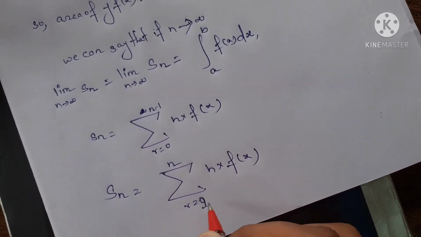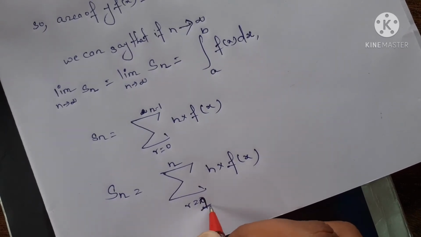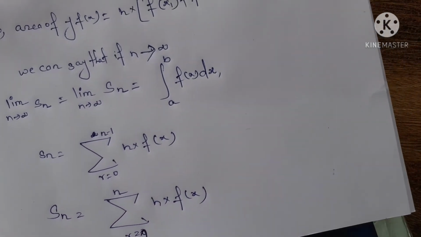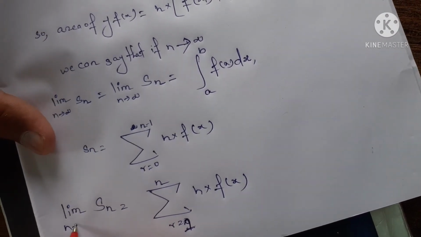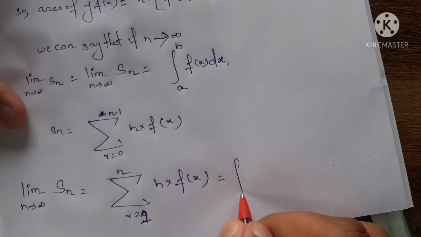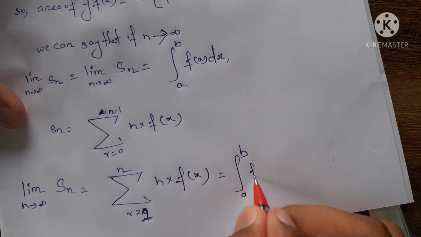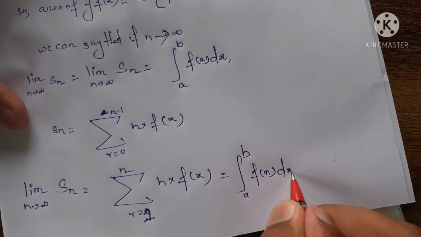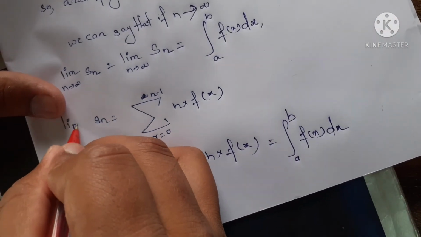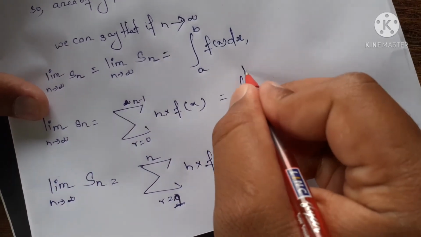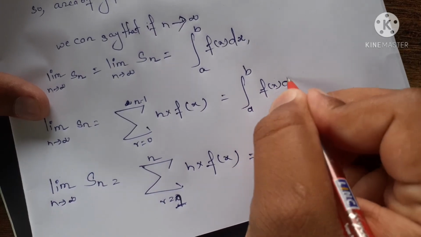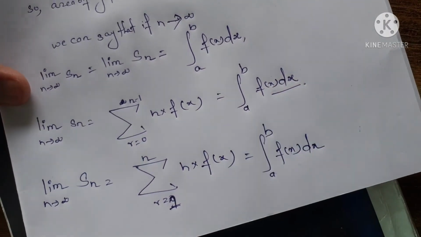For r it starts from 1. Clearly, we can say that limit n tends to infinity of Sn is equal to the integral from a to b of f of x dx. Limit n tends to infinity, integral a to b f of x dx.